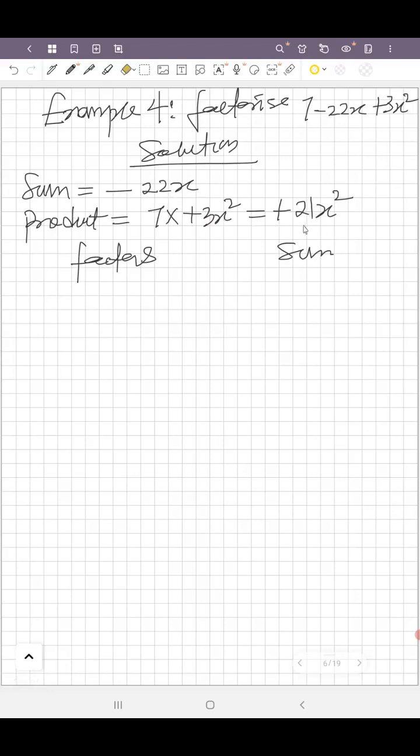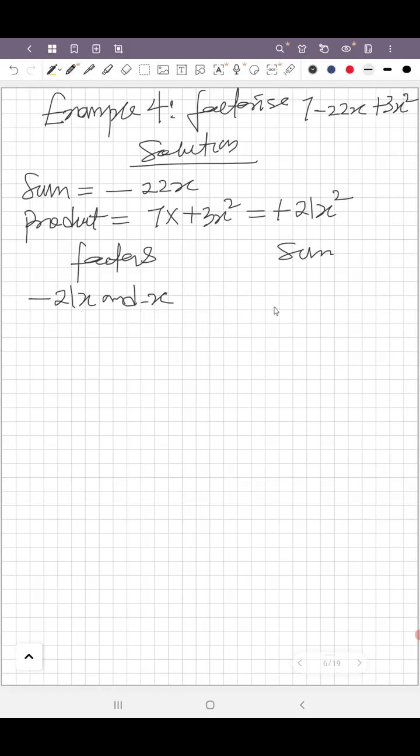So you must consider that analysis. This is the product: minus 21x and minus x. Let's consider this one, minus 21x and minus x. By the time you multiply this, it gives us plus 21x squared.